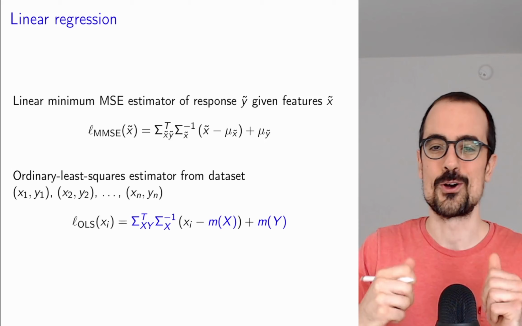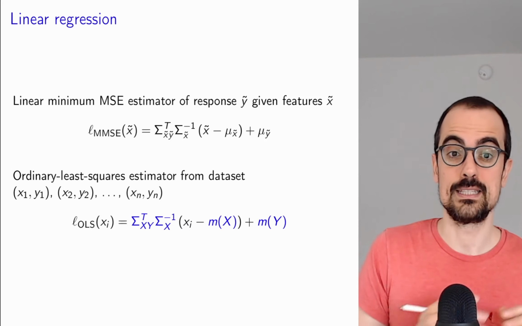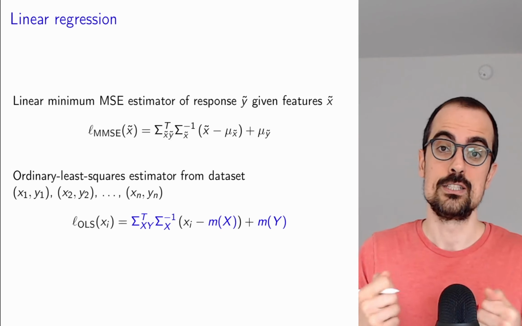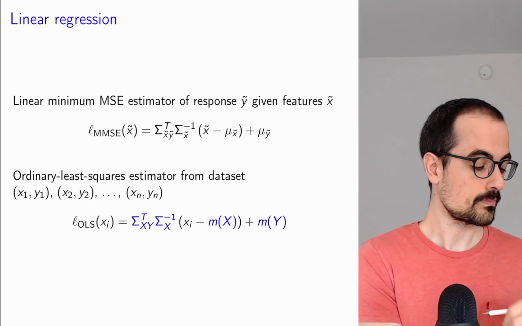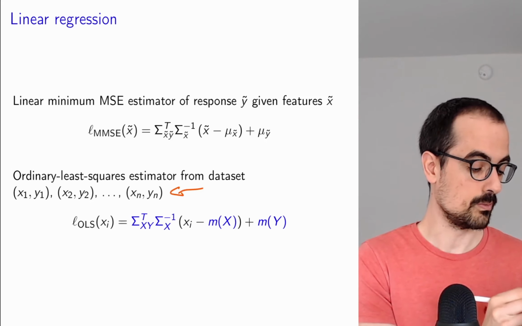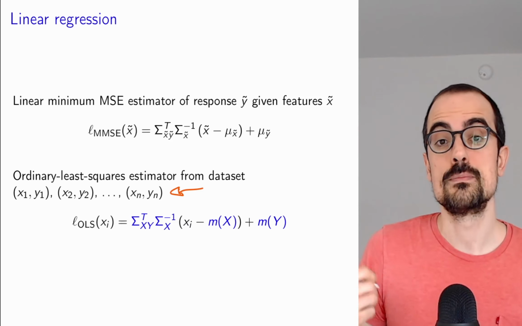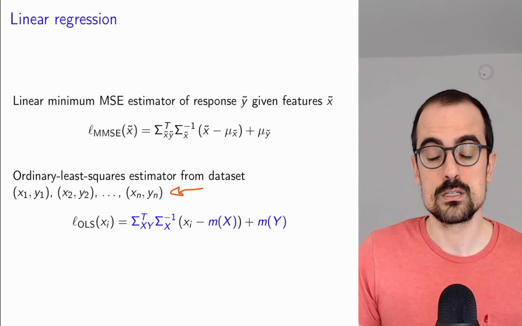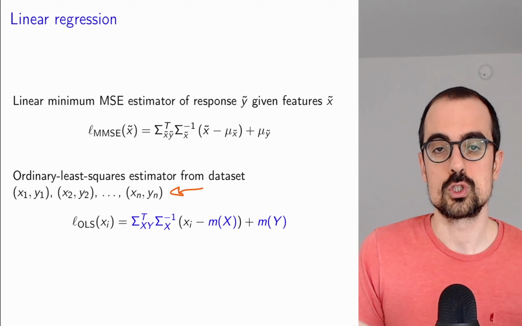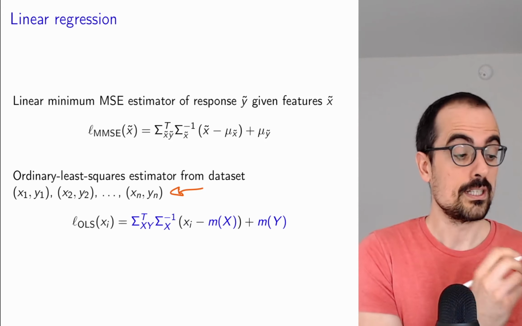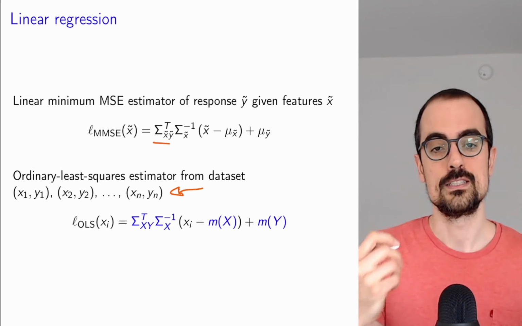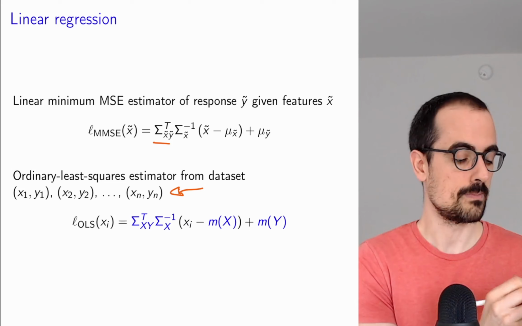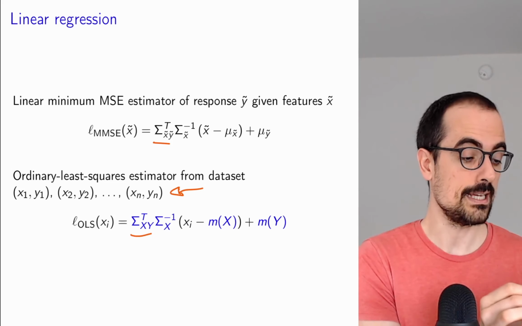In that video, we showed that this estimator actually is optimal in the sense that it fits this training data as well as possible with a linear model in terms of residual sum of squares, in terms of the sum of squared errors. And it just turns out that you can obtain it very easily by replacing the cross-covariance between the features and the response by the sample cross-covariance observed in the data.